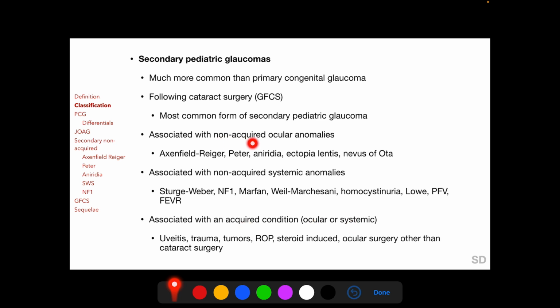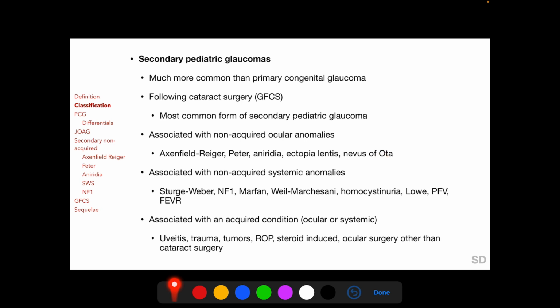The term non-acquired implies the associated systemic or ocular comorbidity is present at birth. So among non-acquired ocular anomalies we have Axenfeld-Rieger syndrome, Peters anomaly, aniridia, ectopia lentis, and nevus of Ota.